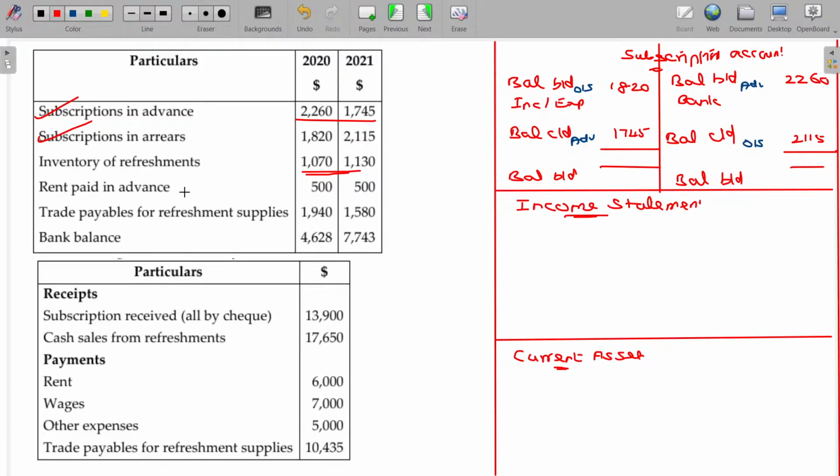Rent paid in advance. See, these are the current assets. What are the items that come under current assets? Inventory of refreshment will be a current asset, so I'll post that here.